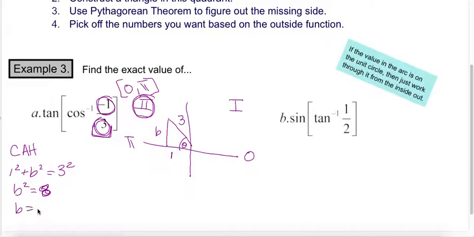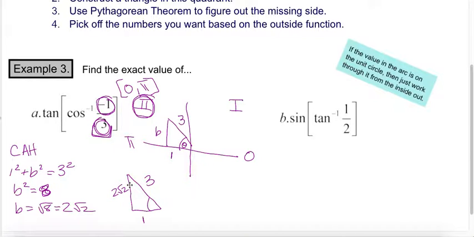So b equals the square root of 8, which also equals 2 root 2, because it's the square root of 2 times the square root of 4. Square root of 4 is 2, so you can break that down. So then I'm going to redraw my triangle down here. This is my angle measurement. This side is 1, this is 3, and up here we have 2 root 2.